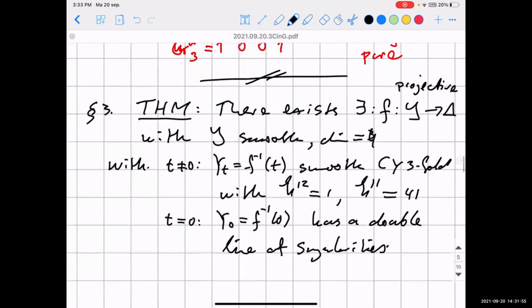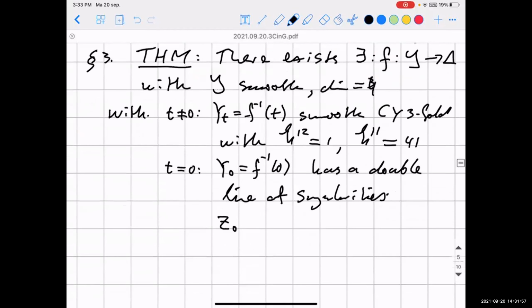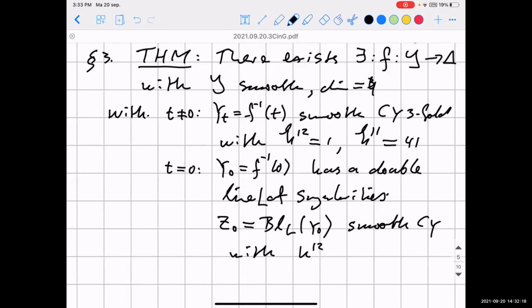And if we blow up that line, we get Z0, the blow-up along the line L, which is a smooth Calabi-Yau with h^{1,2} equal to 0 and h^{1,1} equal to 64, 46.